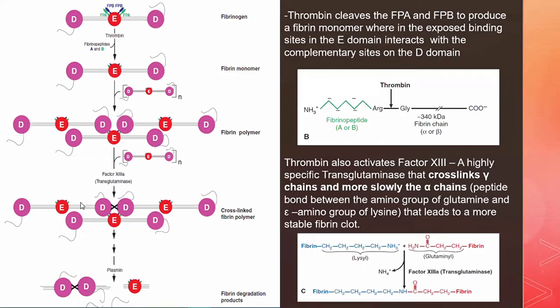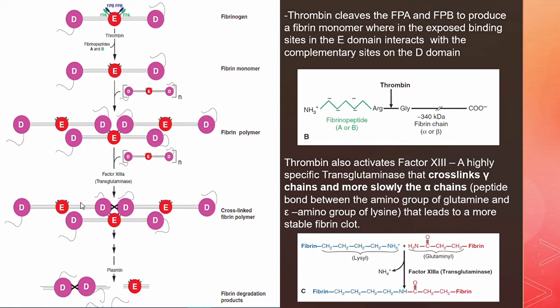Every relationship, ika nga nila, kailangan may stability. So, dito sa relationship na to, between two fibrin proteins, para maging stable sila, kailangan mo ng factor 13. That is a transglutaminase. Okay?